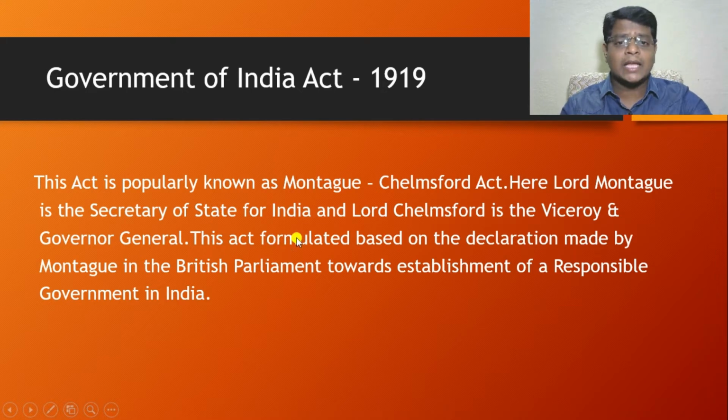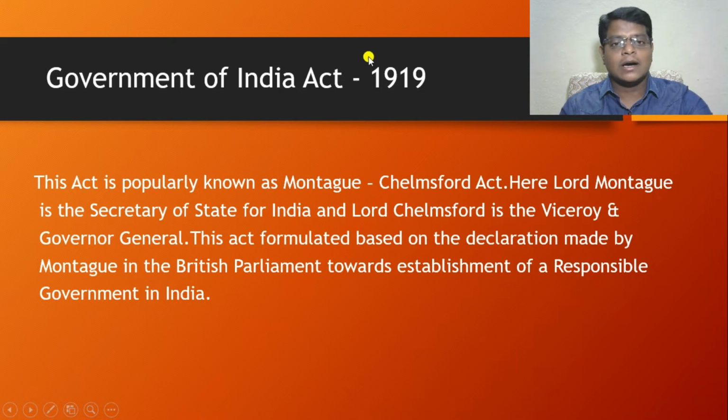This act was formulated based on the declaration made by Montague, the Secretary of State for India at the time, in the British Parliament towards the establishment of a responsible government in India.